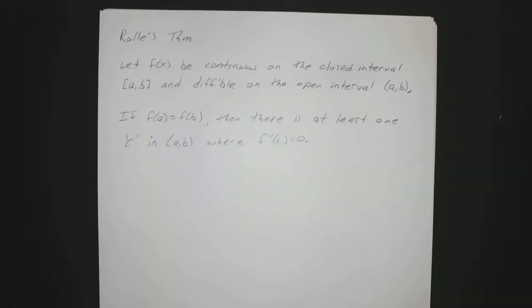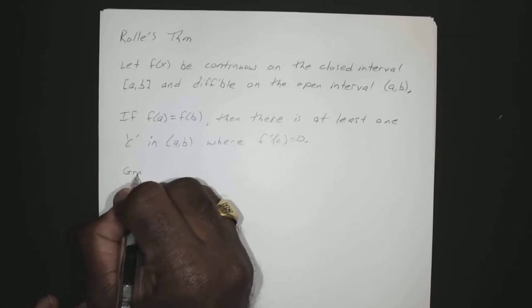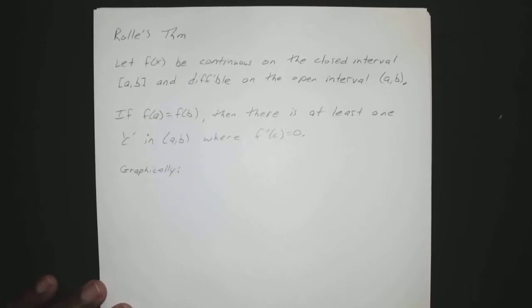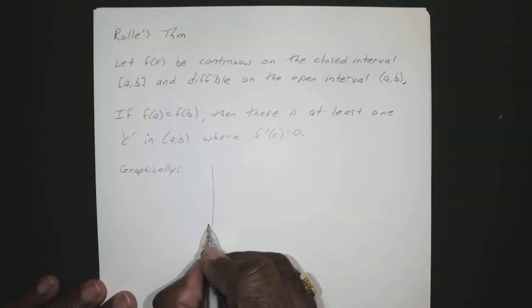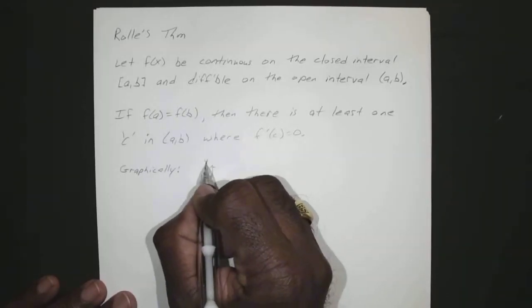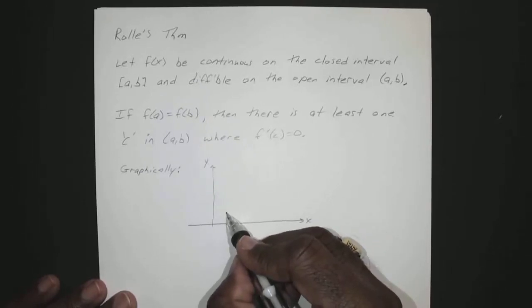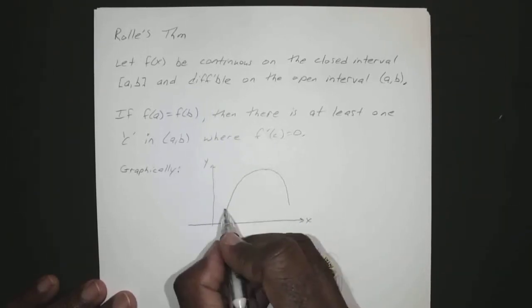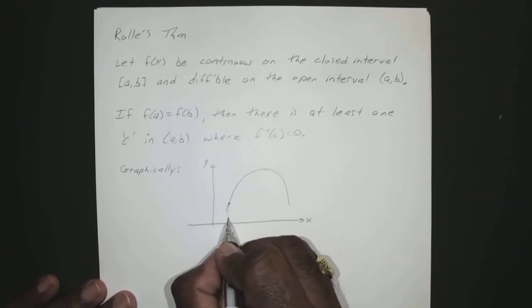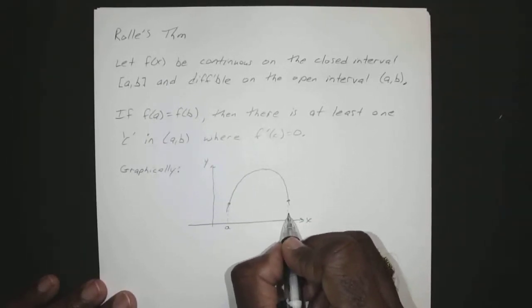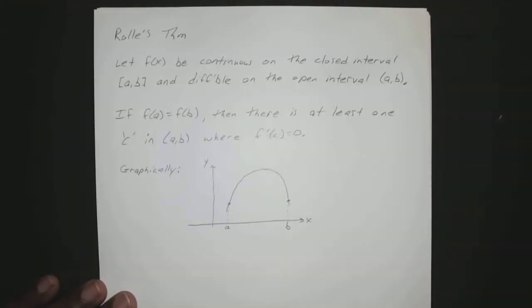Okay, so if we were to look at that as a graph, let's say we have our x and y axis here. Say if we have some graph, we'll just draw that, any random graph. Okay, let's say this is our A. This is our B, which means that our f of A and f of B are equal.